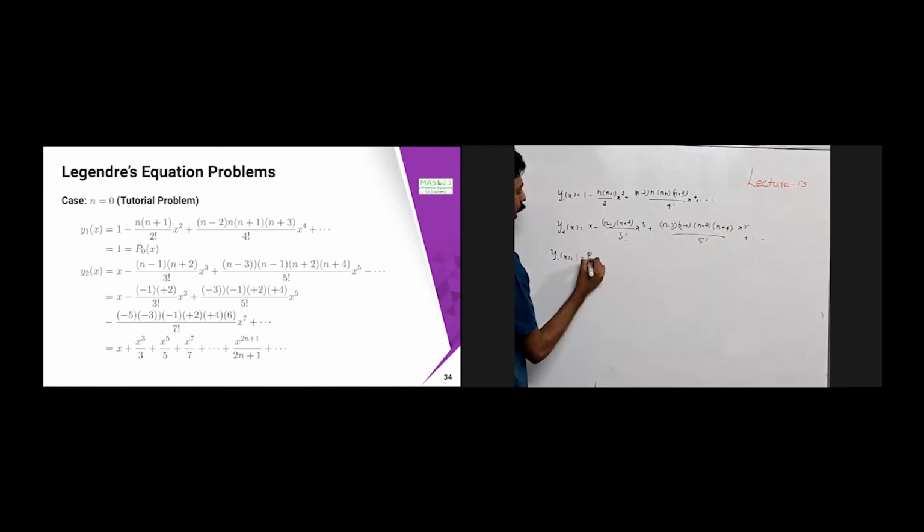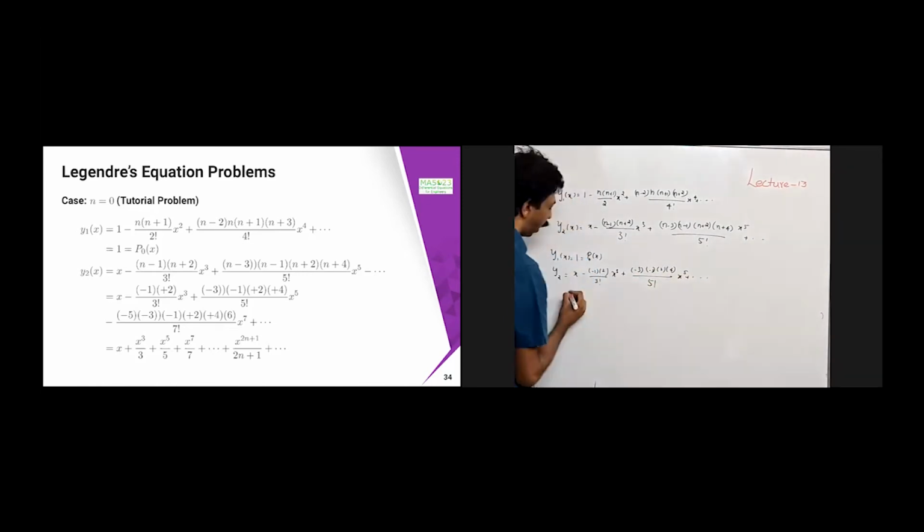That is nothing but P naught of x. When n equal to 0, y2 is going to become x minus 1 plus 2 divided by 3 factorial into x cube plus 3 minus 1 plus 2 plus 4 divided by 5 factorial into x power 5 plus etc.